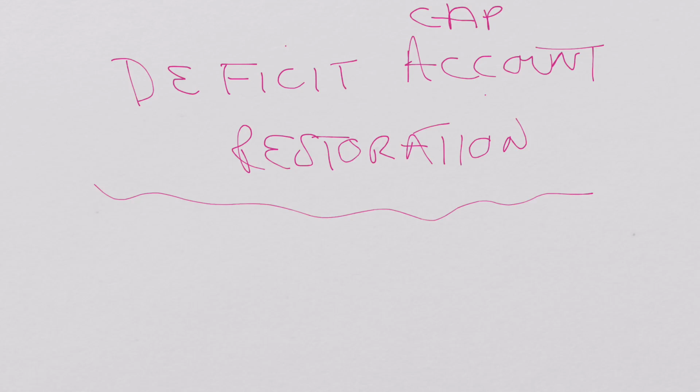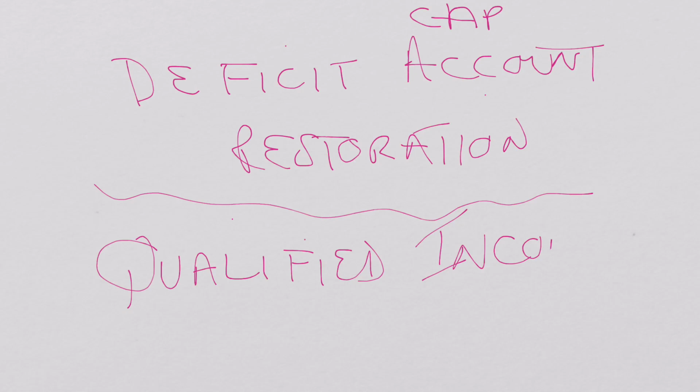The best way to go, or I should say the tax phrase for the other way to go, is qualified income offset, and you can look at the text to see how the text calls it under GAAP accounting. It's a slightly different phraseology, but qualified income offset is the tax phraseology, where the rest of the partners pick up losses.